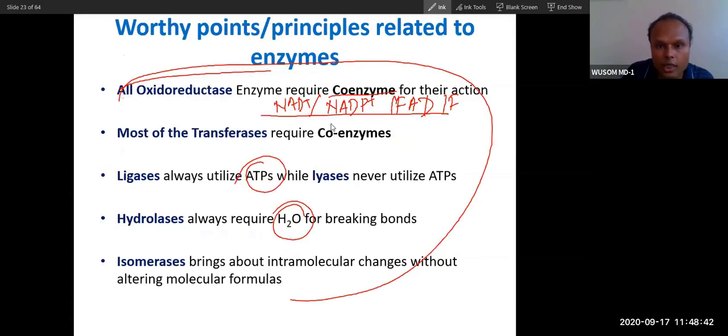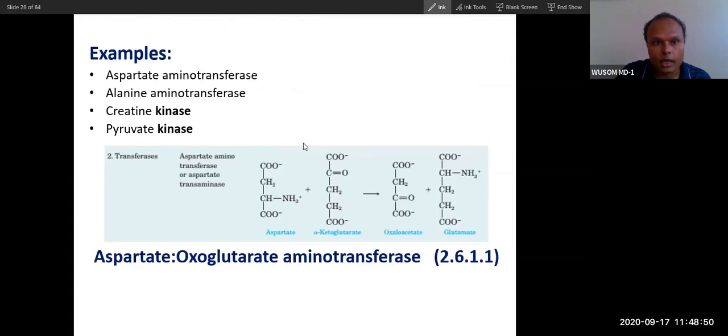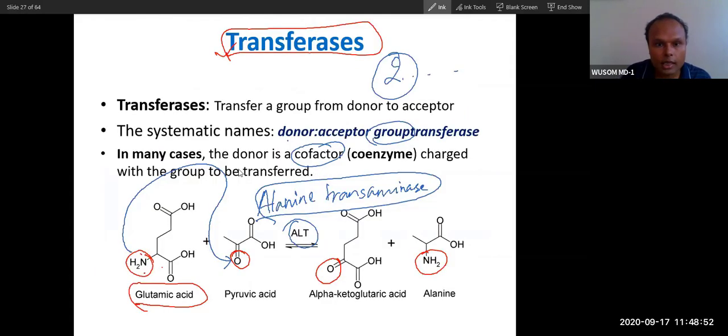Most of the transferases utilize coenzymes, and all oxidoreductases utilize them, but most of them. The same thing is repeating here in a different way. Generally, the donor is a cofactor, so the donor will be charged on the cofactor.